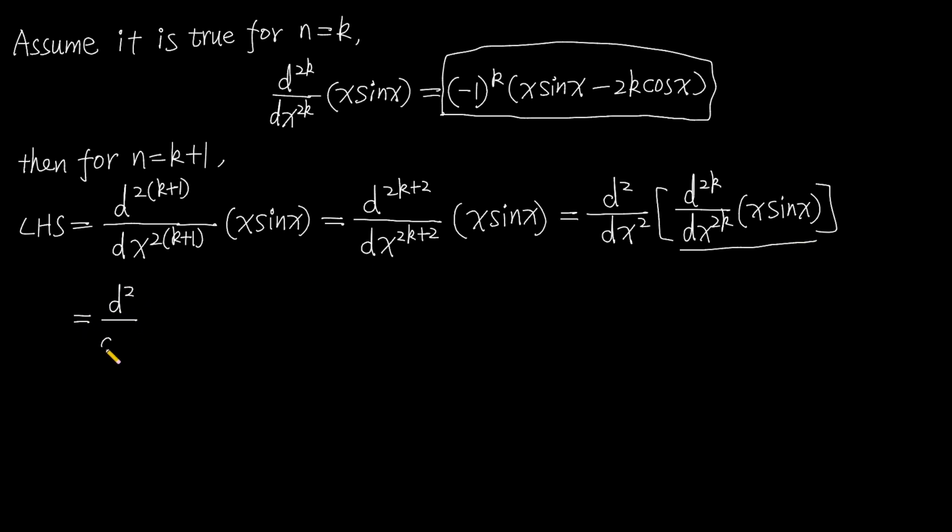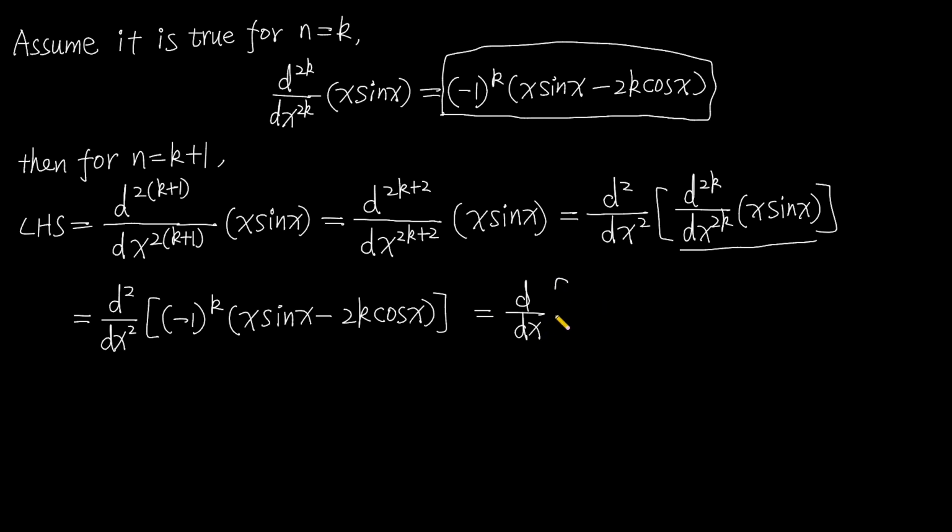This equals d²/dx² of negative 1 to the power of k multiplied by x multiplied by sin x minus 2k multiplied by cos x. And this equals d/dx.